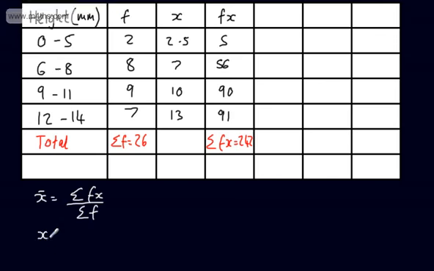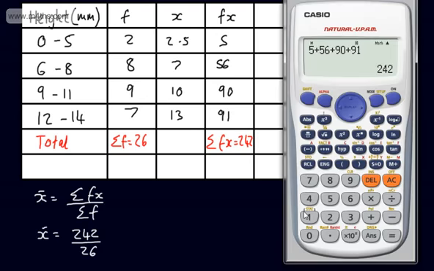So what we can say then is an estimate for the mean, x bar, is going to be this right here, which is going to be 242 over the 26. So let's put that through a calculator, let's divide that, and that's going to give me 121 over 13, 9.3, and we'll say that that's going to be 9.31.